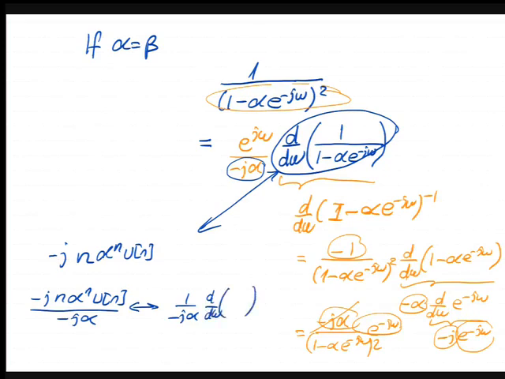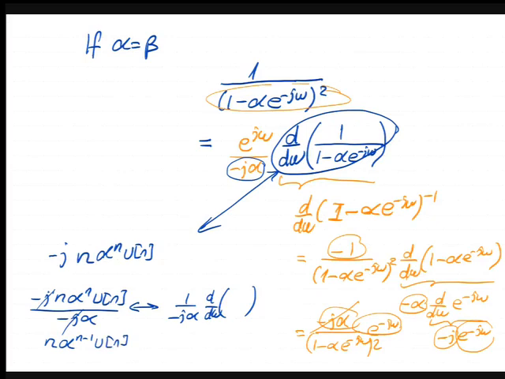So the j's cancel happily, and everything looks good. In fact, there is a division by alpha, so I can even write this as n times alpha to the n minus 1, times u of n.